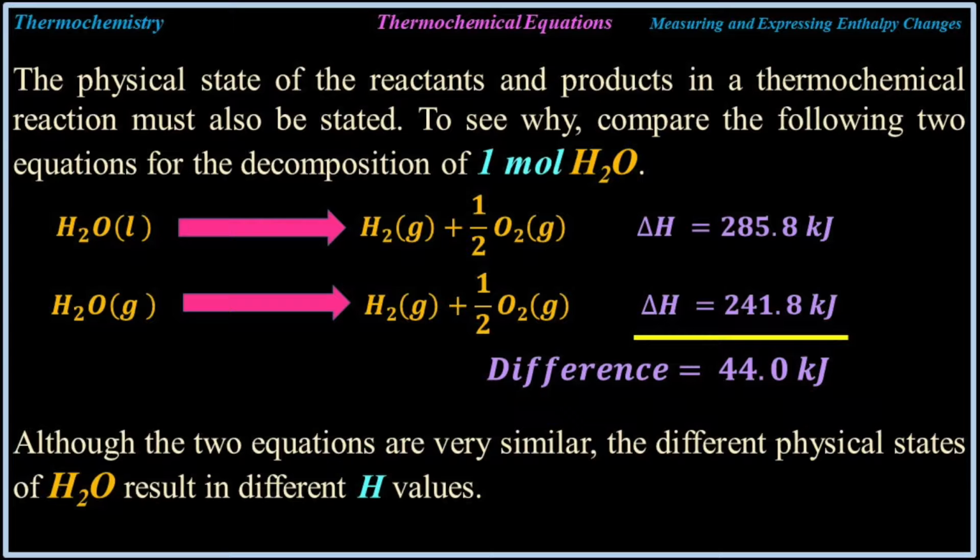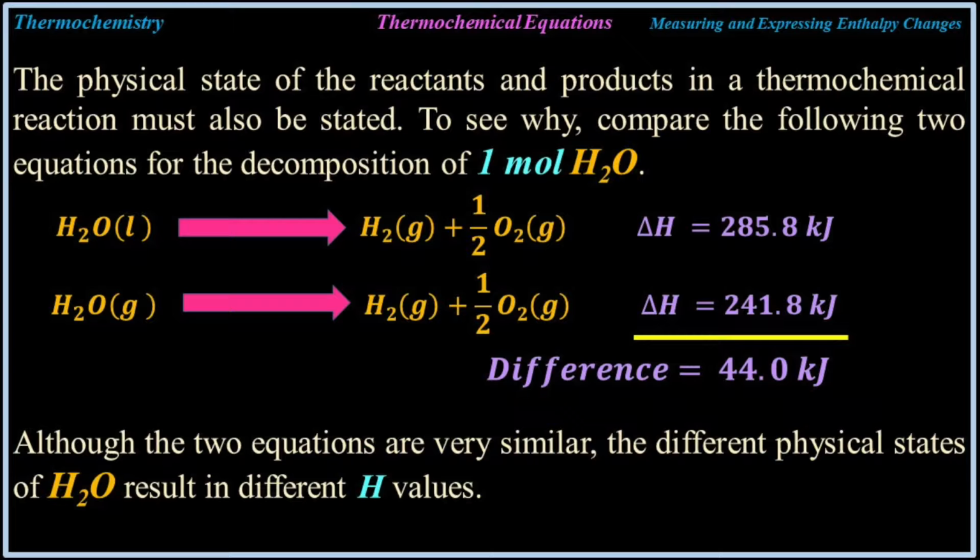To see why, compare the following 2 equations for the decomposition of 1 mole of water. 1 mole of water, liquid, yields 1 mole of hydrogen gas plus 1/2 mole of oxygen gas, and that has an enthalpy of 285.8 kilojoules.